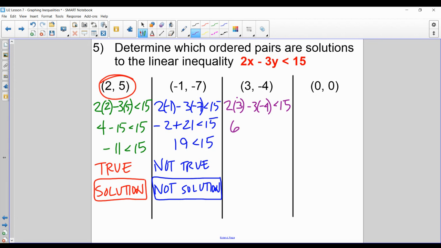Okay, so we've got 6, -3 times -4, positive 12, less than 15. So we have 18 less than 15, not true. So again, not part of the solution.